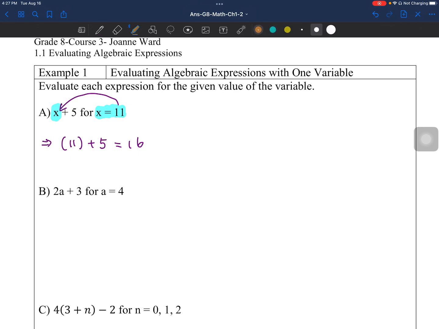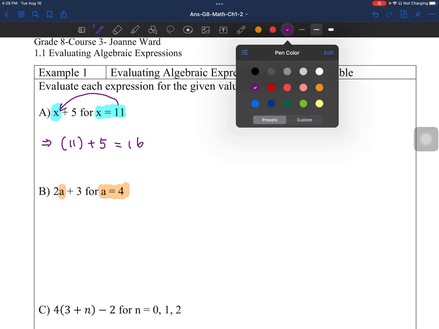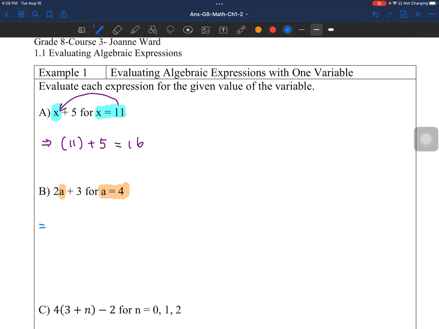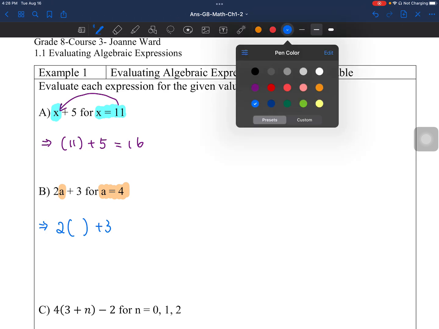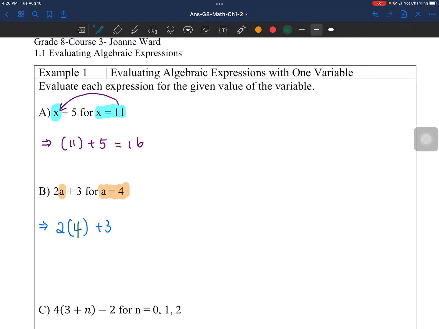Next one, 2a plus 3 when a equals 4. That is 2 times a plus 3, equals 2 times 4, which is 8, plus 3 equals 11.